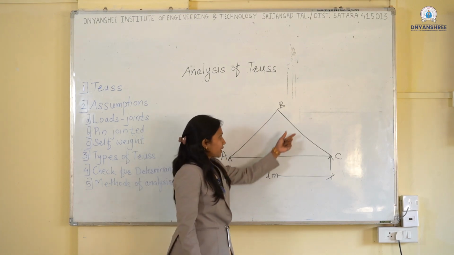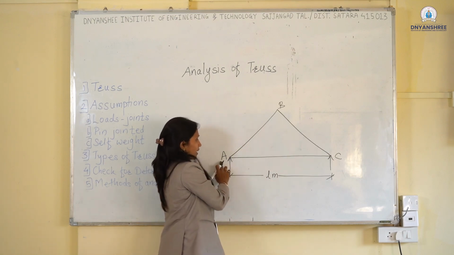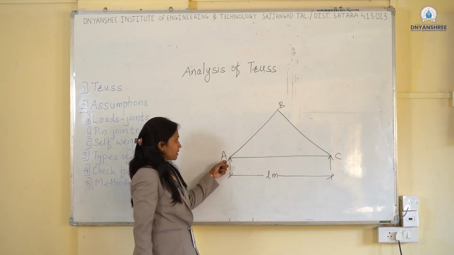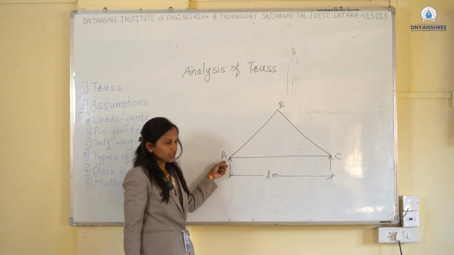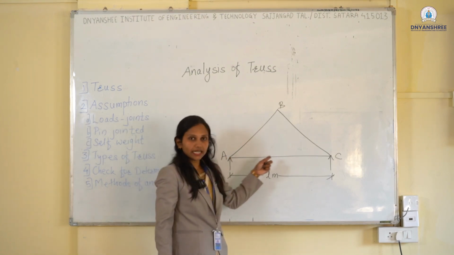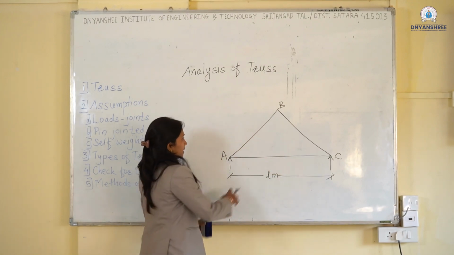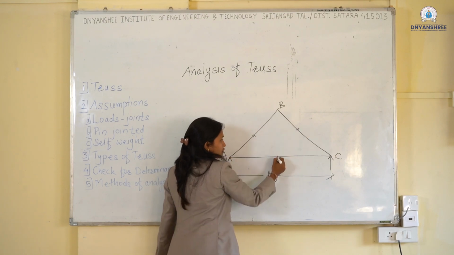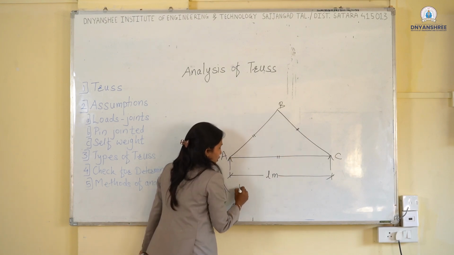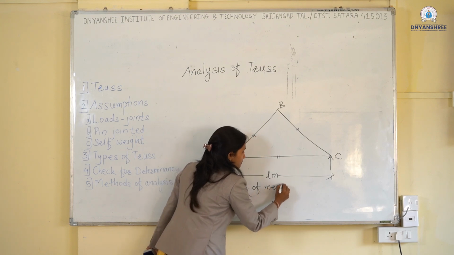These are the members of a truss. These members are connected through a joint, which means two members are connected together with the help of a single joint. So how many members are there for this simple structure? This one is a member, this is also a member, this is also a member. So the number of members will be 3.